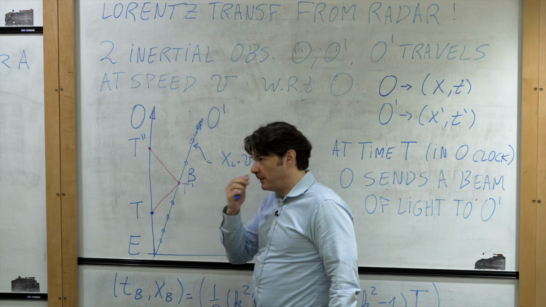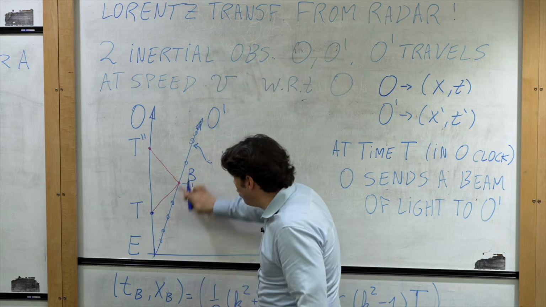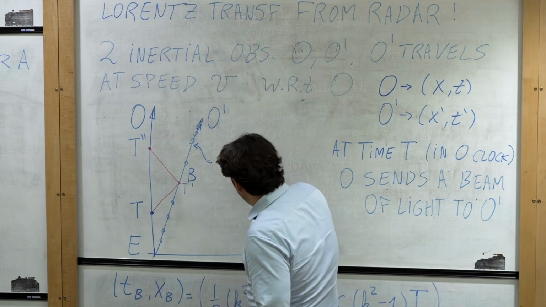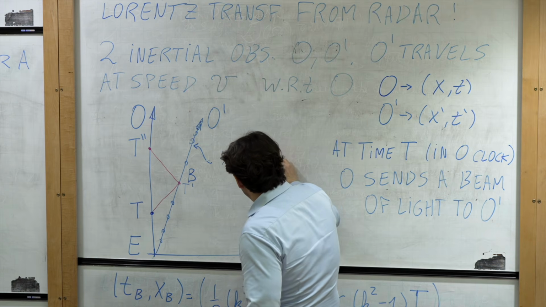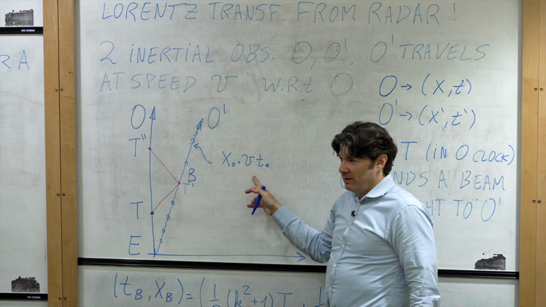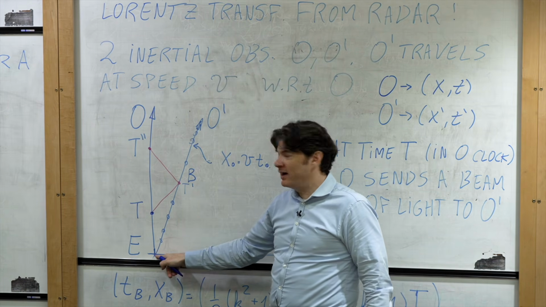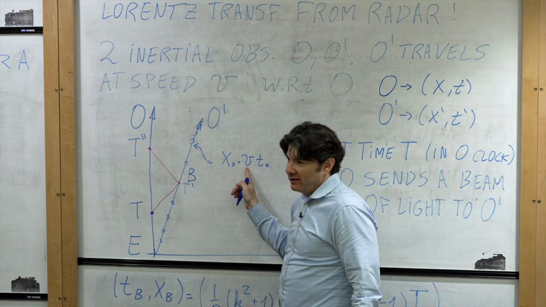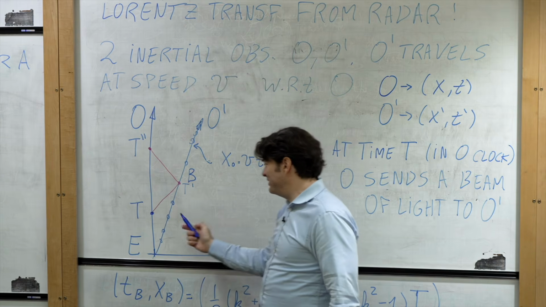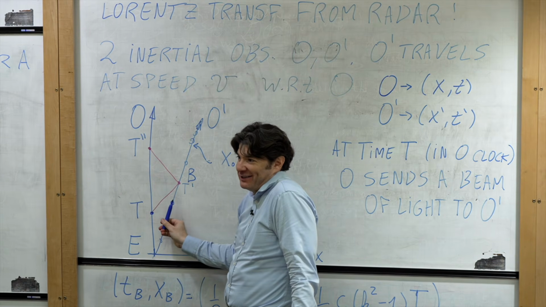So for any point of this line, any coordinate of this line, the x and the t, you can give it any name, will be related like this. This is a line that crosses through 0 and has a slope v. So this is just a straight line, and you can ask what is the equation of this straight line?